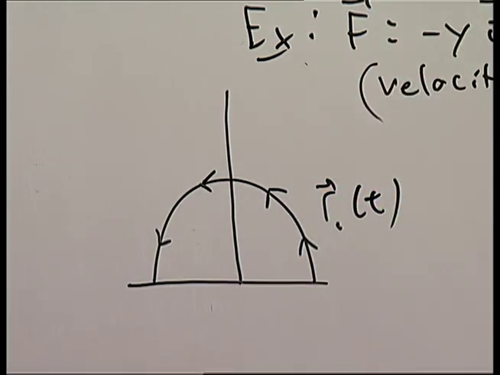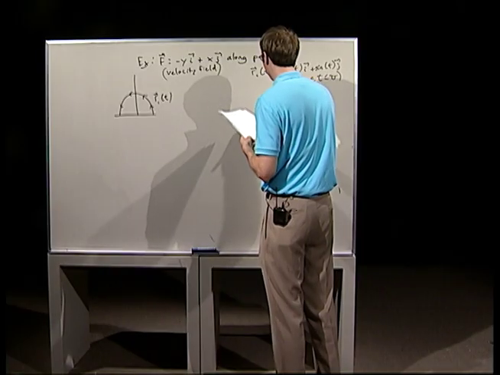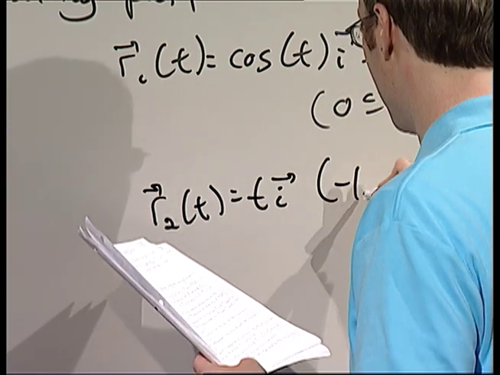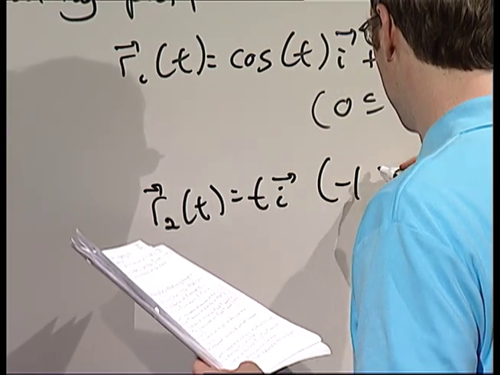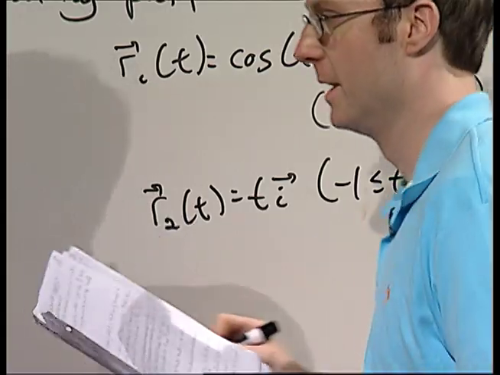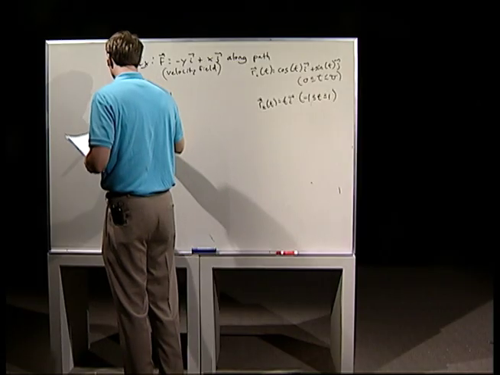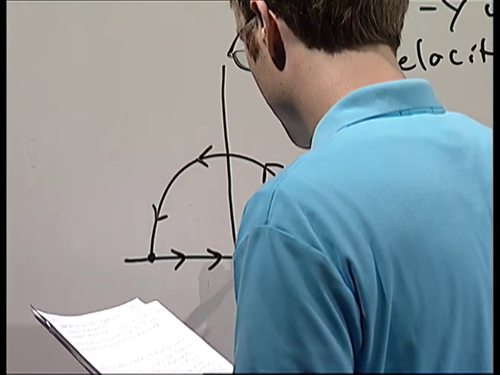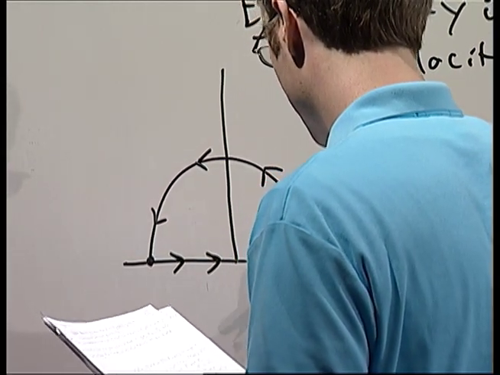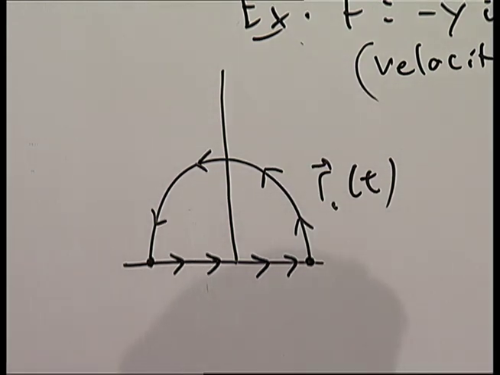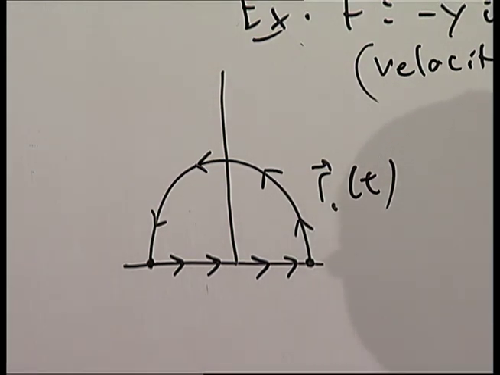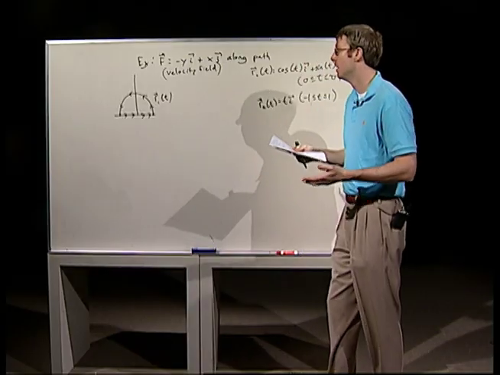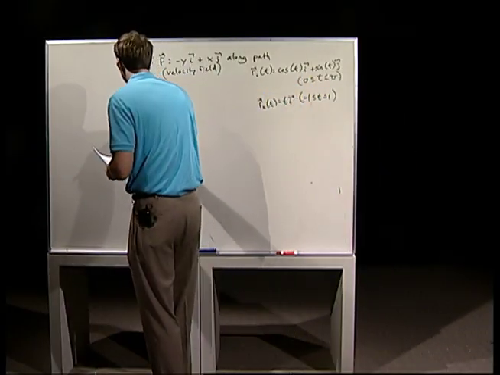Okay. And then let's do a line segment, just t i from -1 to 1. So here you are at -1, and now you're going just like that. So there is your pathway. This is R2 down here.